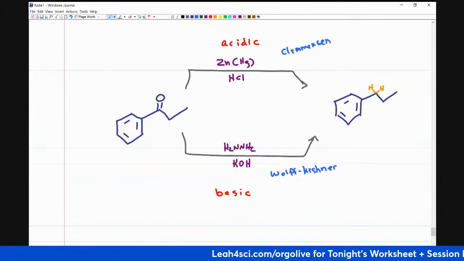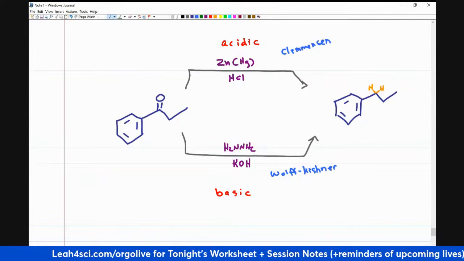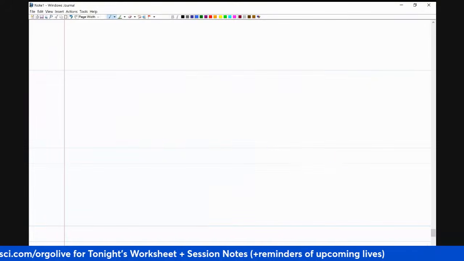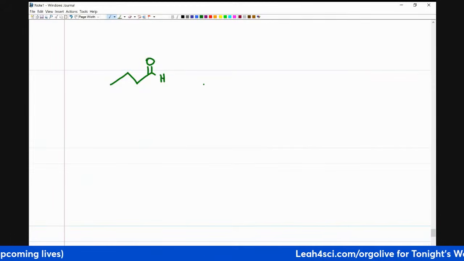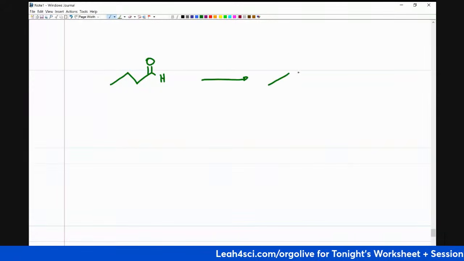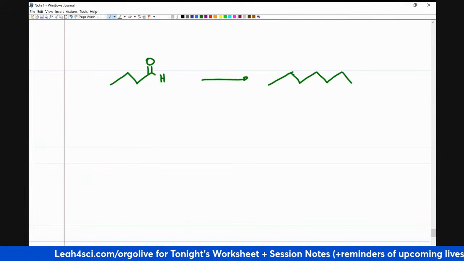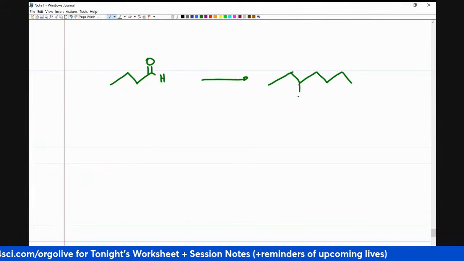Now, I mentioned synthesis, so what about, and we have so many different reactions we can still cover, but let's jump over to, say you're told to take this molecule right here and turn it into this molecule right here.